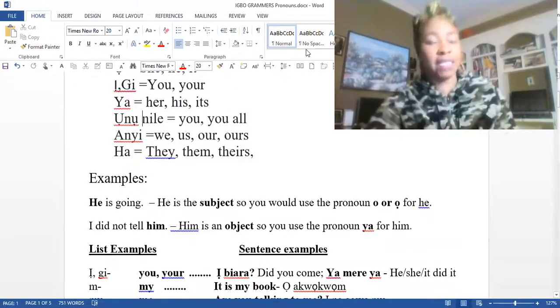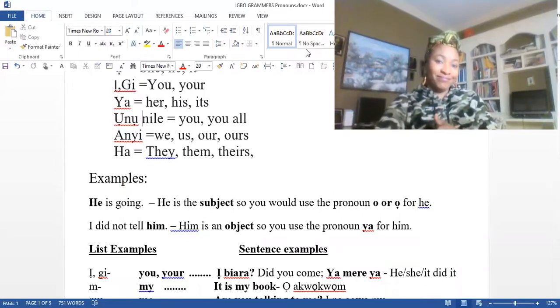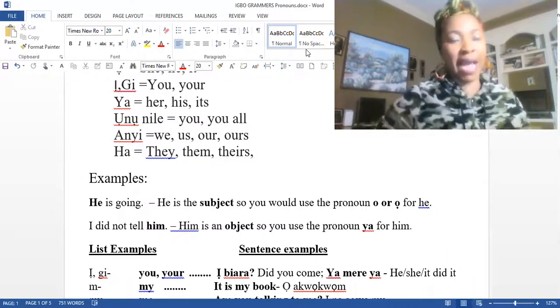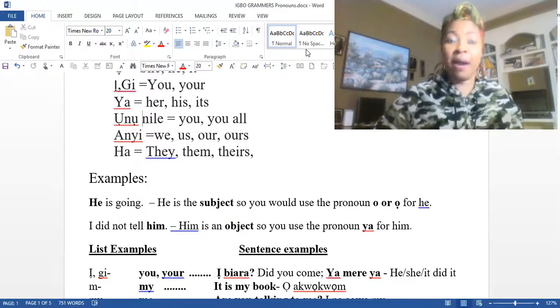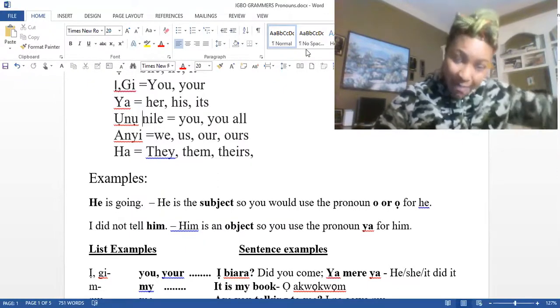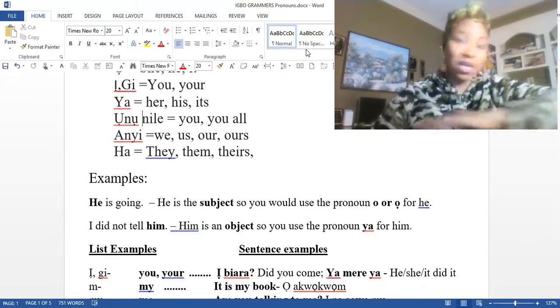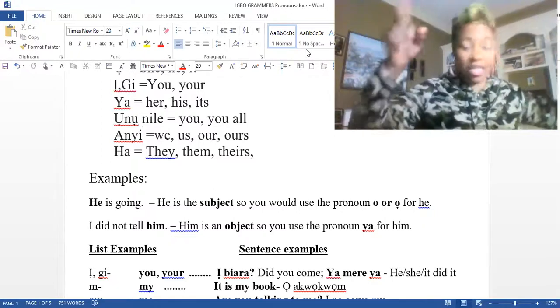These are some of the examples that I have. He is going. If I don't want to say Obinna is going, Obinna is coming, I just use this pronoun. He is going. And remember, when I say he, I mean the male. But when you are using o, it does not specify or represent he, she, it.